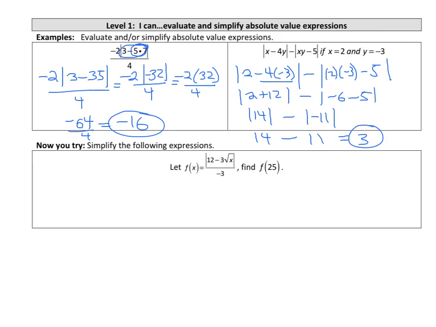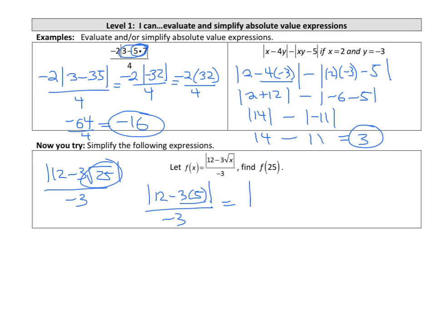And for the last example, I'm plugging in 25 for x. So I get the absolute value of 12 minus 3 square root of 25 over negative 3. And first I'm going to do the square root of 25, which is 5. So we get the absolute value of 12 minus 3 times 5 over negative 3.